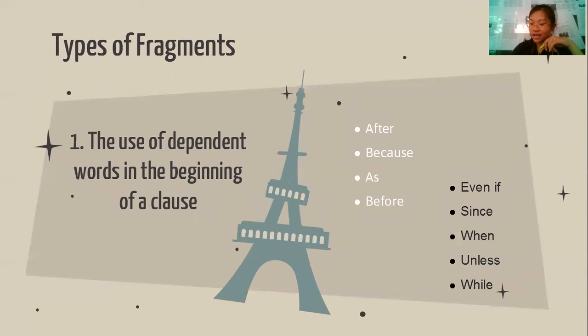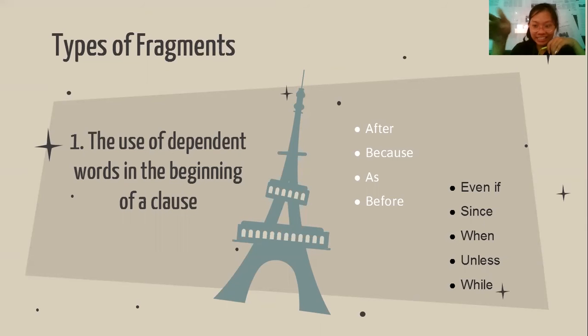The first one is the use of a dependent word at the beginning of a clause. When using dependent words such as after, because, as, before, even if, since, when, unless, or while, it's likely to be a fragment. Let's hear an example.